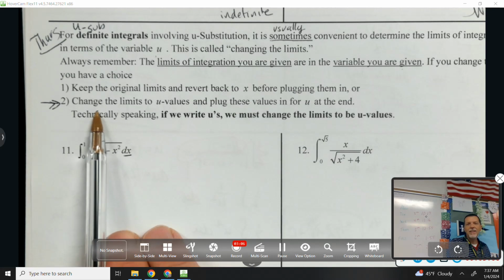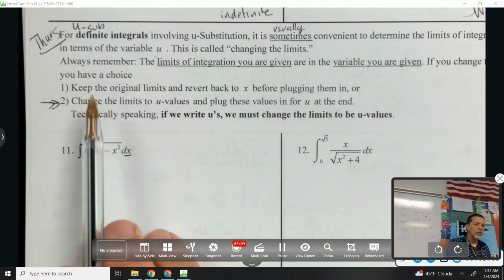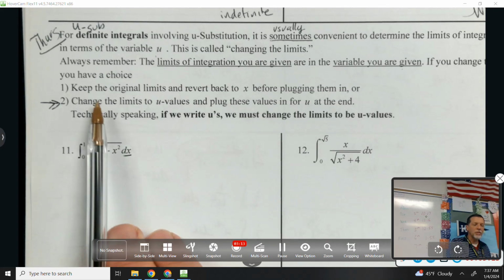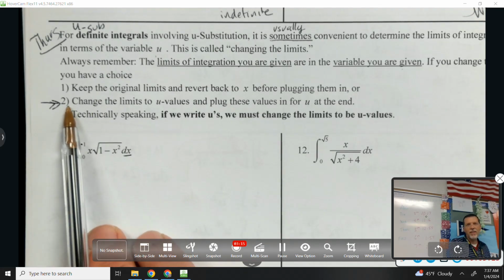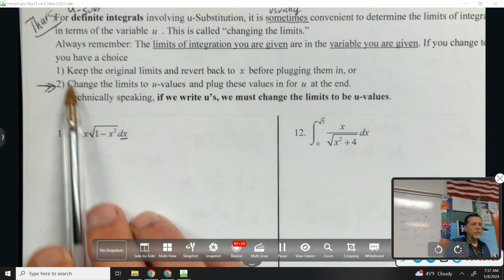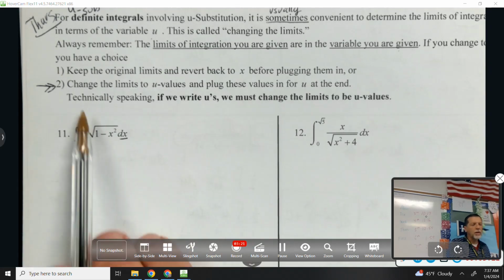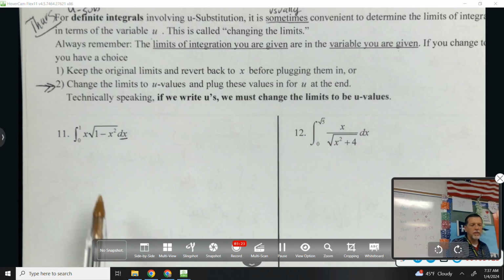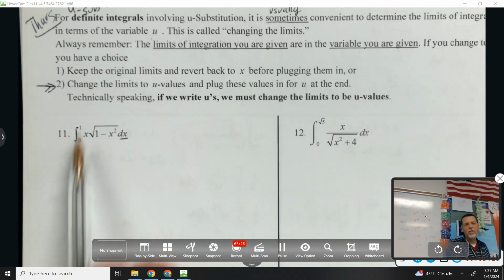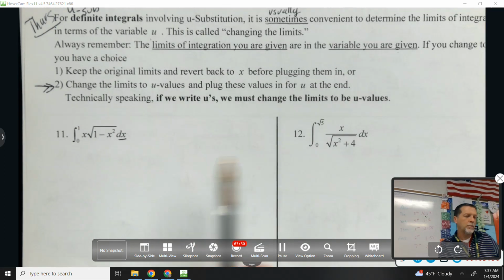They can write a problem that forces you to do method number 2. So I'm almost always going to do this second method because the AP test can force you into that method. We'll talk about the 2 different methods as we go, but I'm usually going to do method number 2. Again, the problem's all the same, except we have to switch the x limits into u limits.